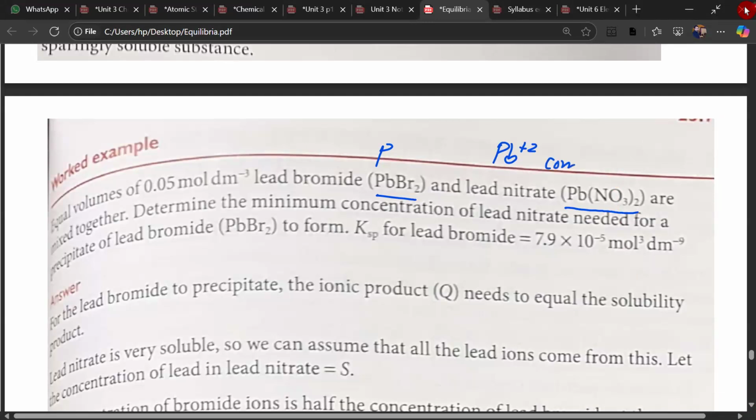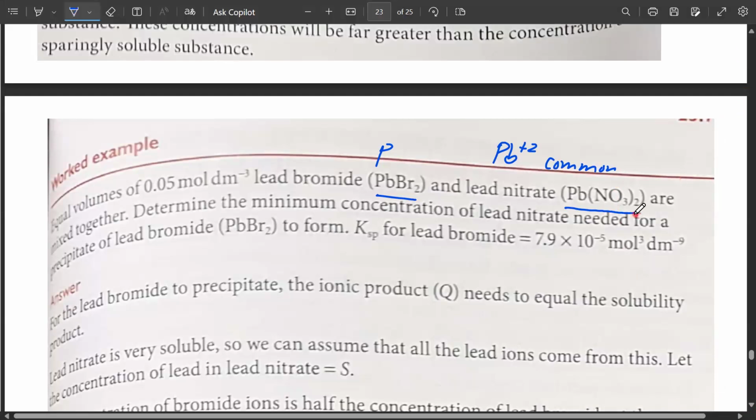This will be the common ion in this case, and the sparingly soluble compound among these two, do you know which will be the sparingly soluble compound between lead bromide and lead nitrate? It's lead bromide. It cannot be lead nitrate because we know all the salts of nitrates are soluble. So this is the sparingly soluble.